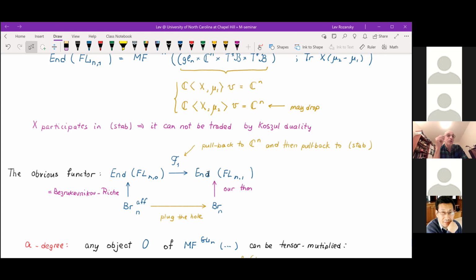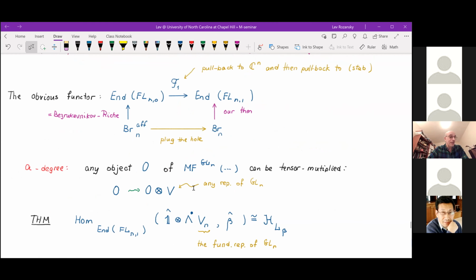So the affine braid, which takes the innermost strand and takes it around the hole, is represented by tensoring with a certain line bundle supported on a certain P1. And stability condition punctures this P1. So you remove a point from it, which trivializes the line bundle. This is how it works.